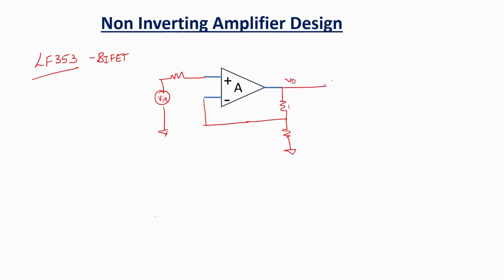This is V0 and this is RF, and this is called R2, and this is called R1.